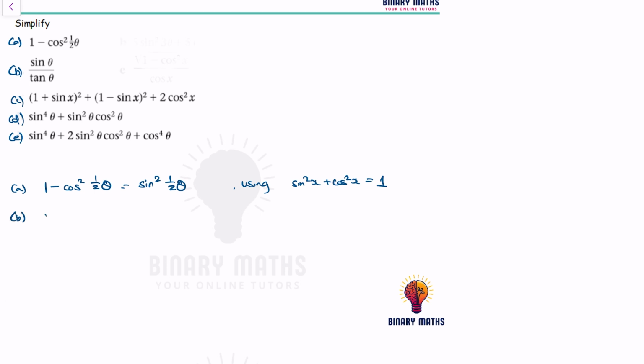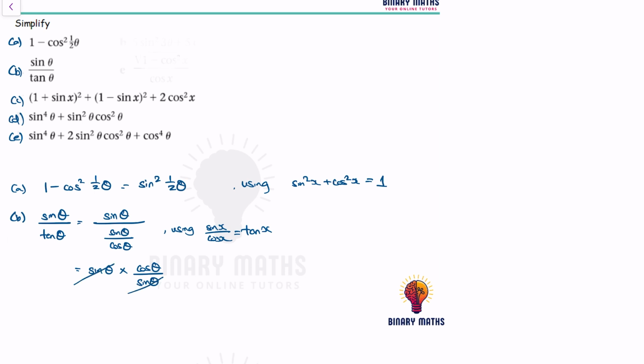B is sine theta over tan theta, which is the same thing as sine theta over cos theta. Again, I'm using the identity sine x over cos x is equal to tan x, which is the same thing as sine theta times, flip the second fraction over, cos theta over sine theta, which means the sine thetas cancel out. All I'm left with is cos theta.